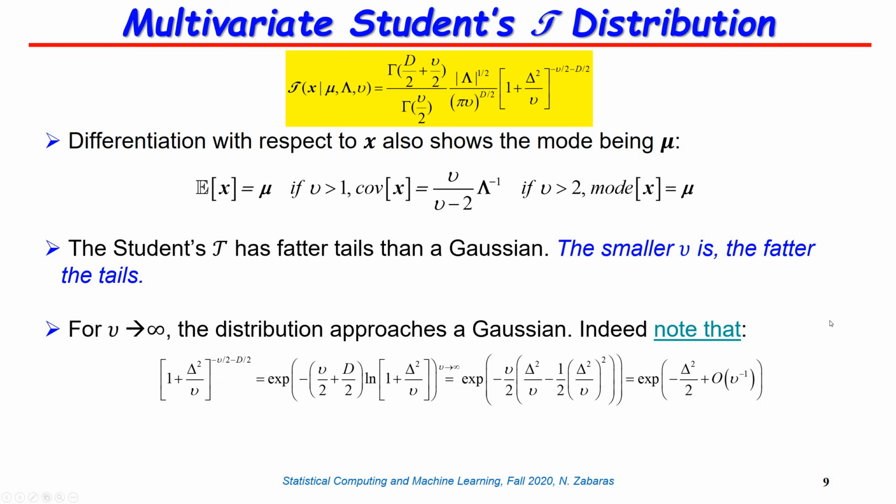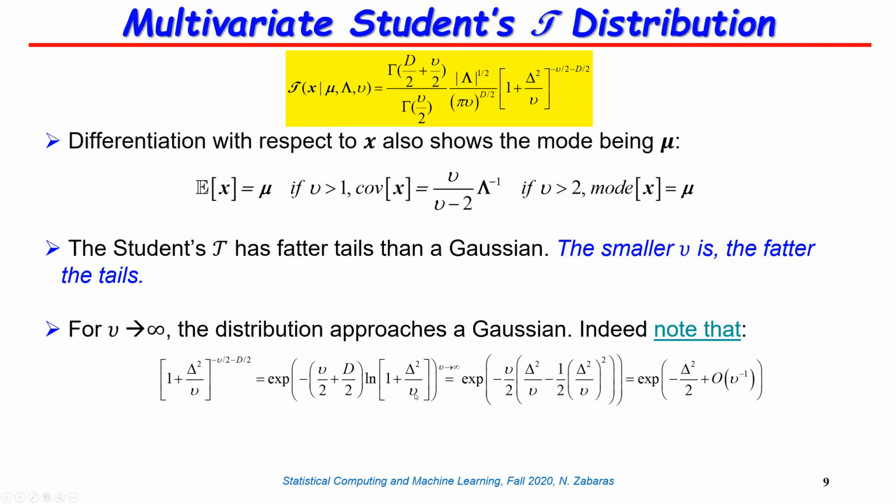There is really nothing fancy. It's actually more or less identical to the univariate case. So what you need to do is take this term that you see here at the end of the PDF and write it as the exponential of minus this coefficient times the log of 1 plus delta square over nu, okay? And here we have the log of 1 plus a small number.